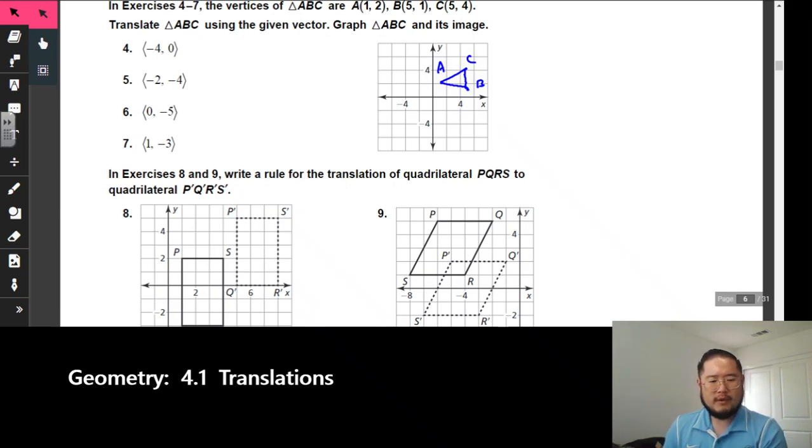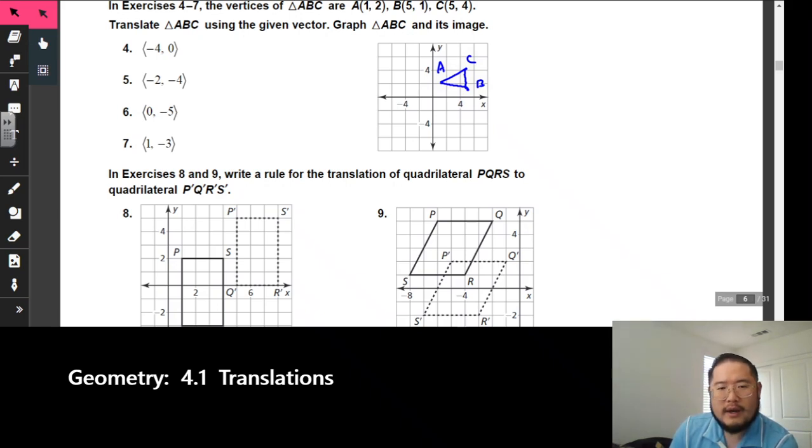vector, the first one being -4, 0, what you're going to do is take every single point and start off by subtracting 4 from the x, and then adding 0 to the y.